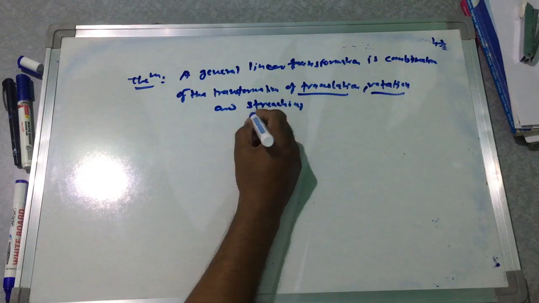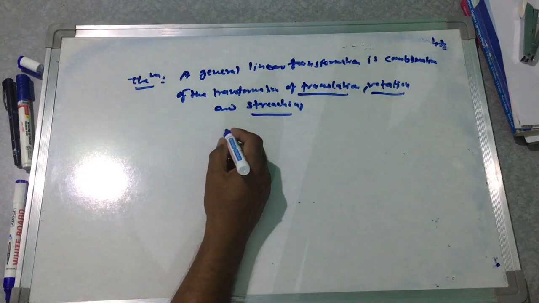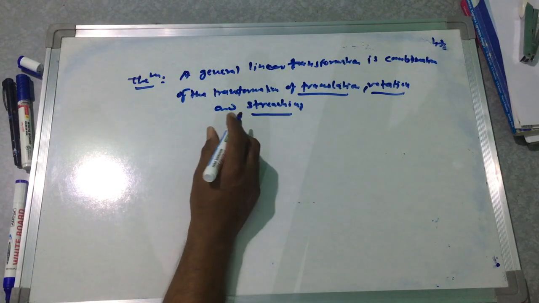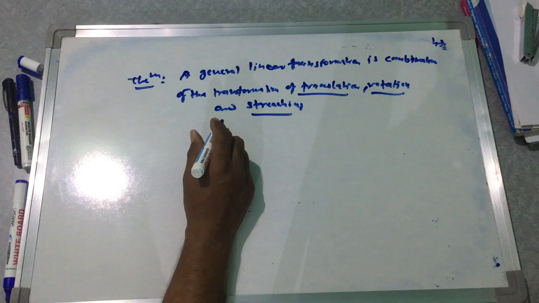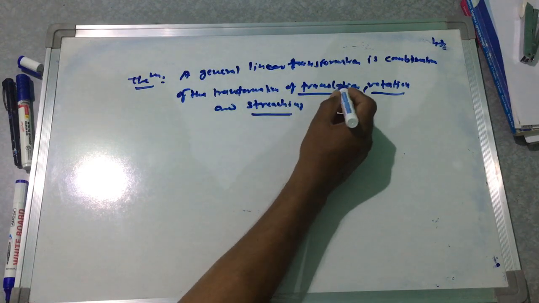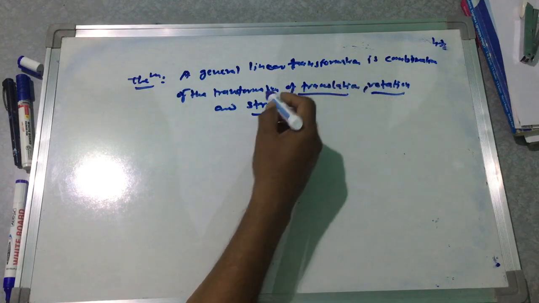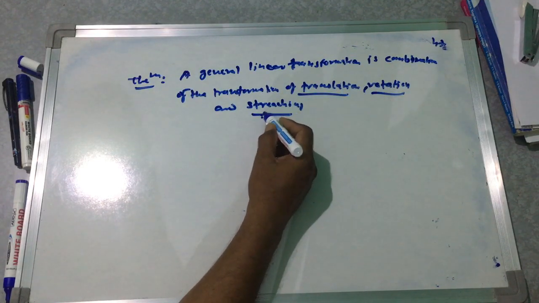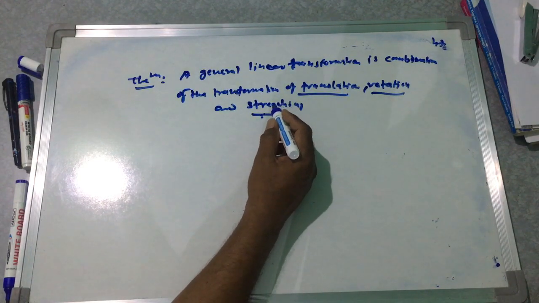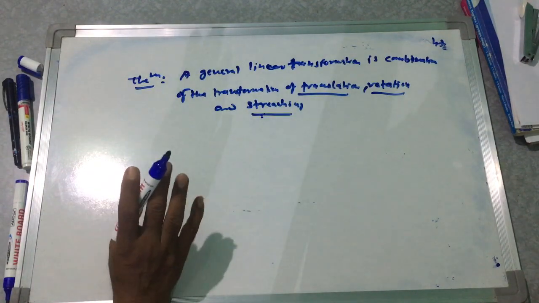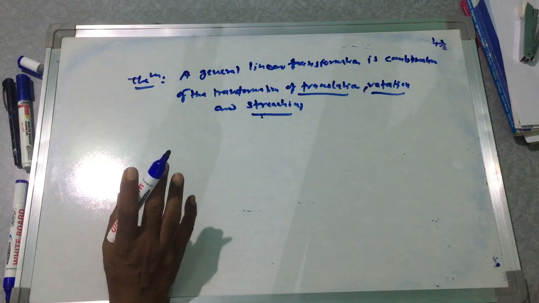Translation, rotation, and stretching. Linear transformation is a combination of all these three. It means it is the combination of three parts. Then it becomes a general linear transformation.